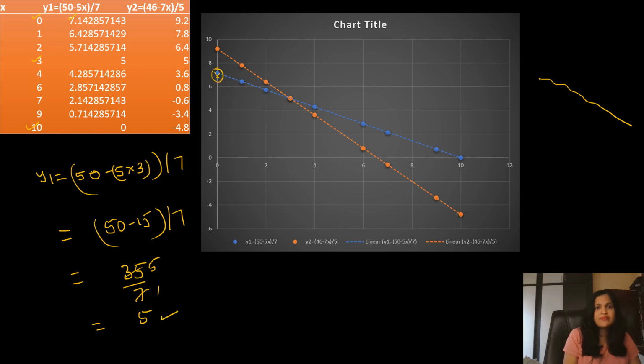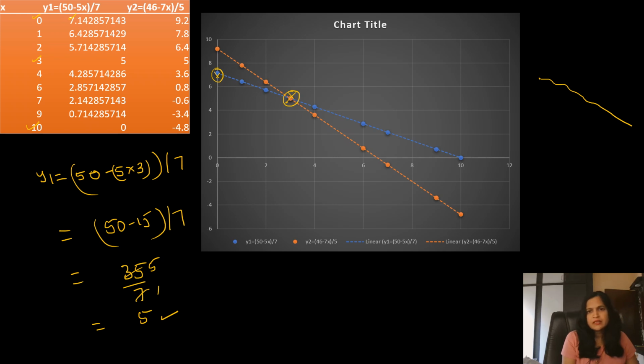That's why your answer is 5. y1 is 5. You can mark this easily: x equal to 3, y1 equal to 5. This point you get.